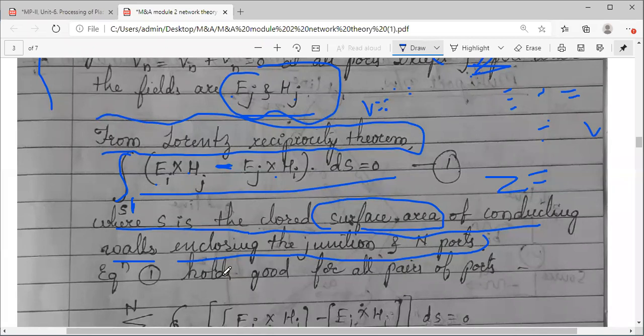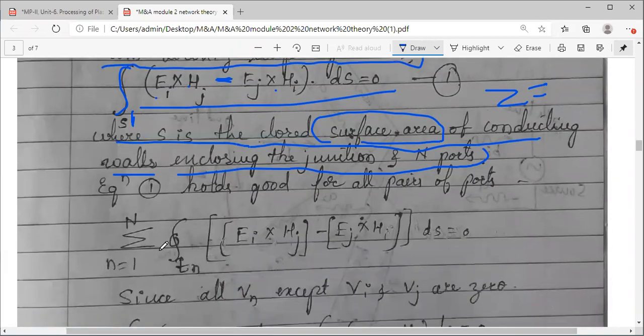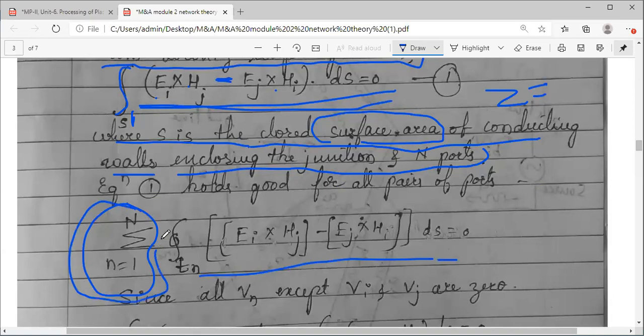So equation 1 holds good for all pairs of ports, not only I and J. That's why in general I can write the summation from 1 to N of the same Lorentz reciprocity theorem, including all pairs of ports. I have not changed the I and J.